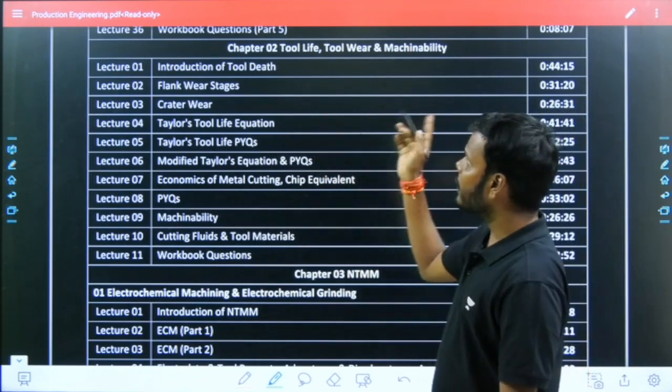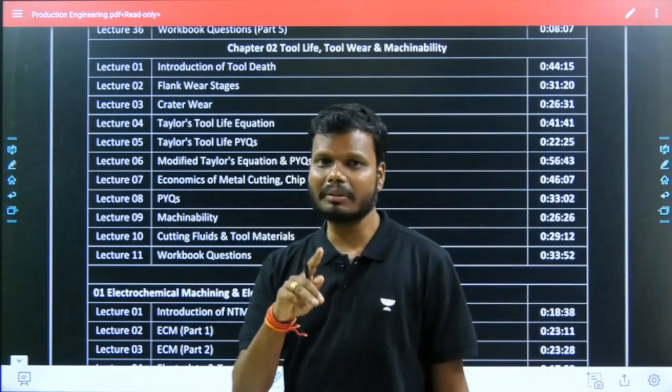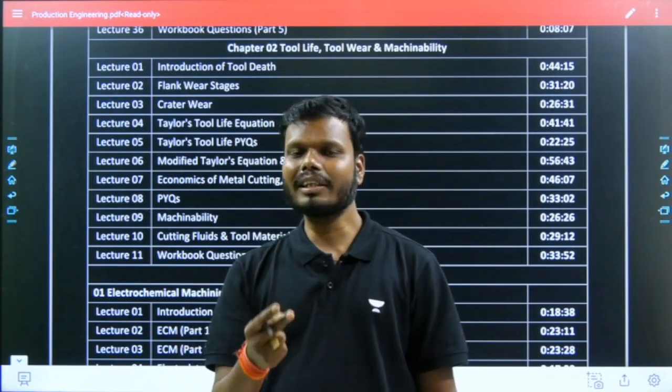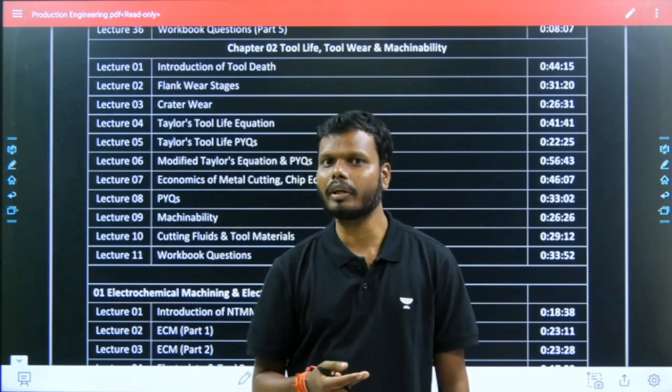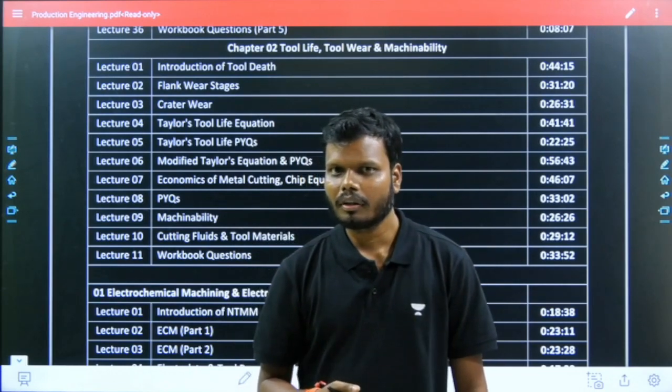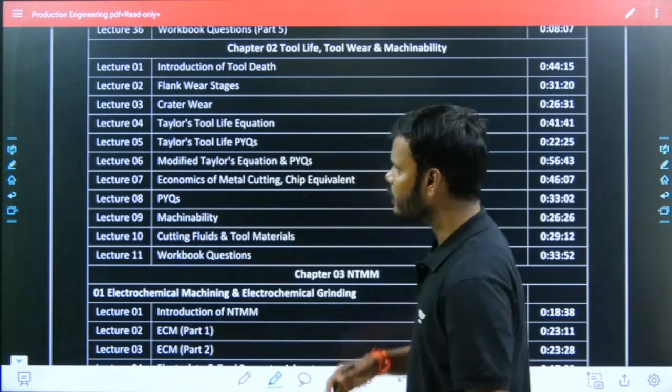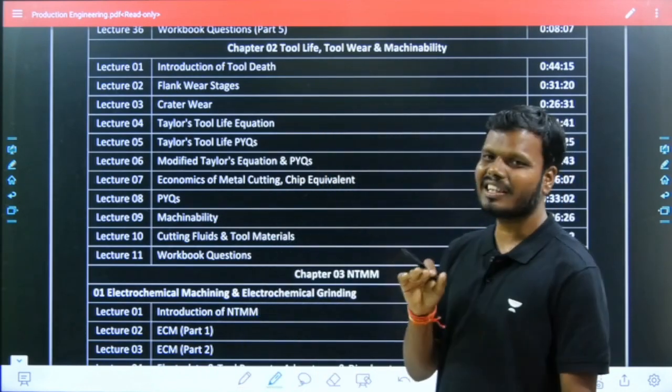So in chapter 1, the merchant circle diagram is very, very important. First important point. Next, force analysis in the merchant circle is very, very important. Next, the turning operation is very, very important. Next, in chapter 2, Taylor's tool life equation is very, very important.